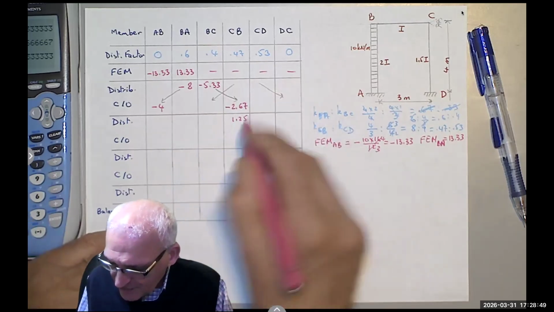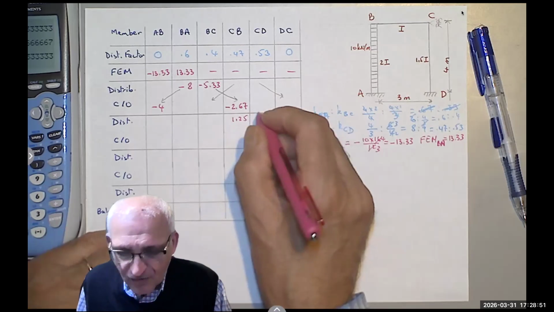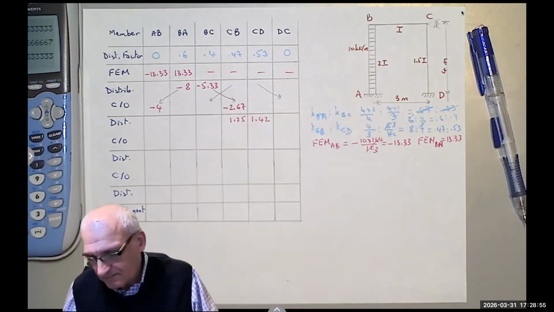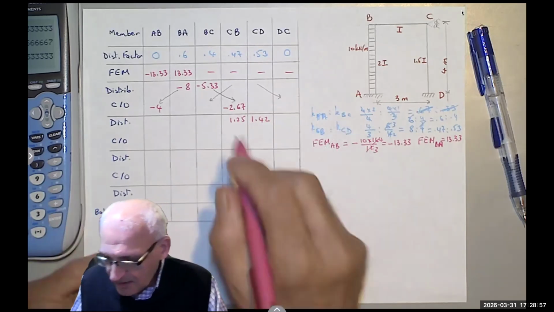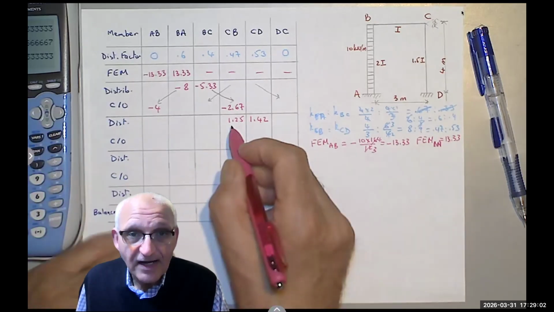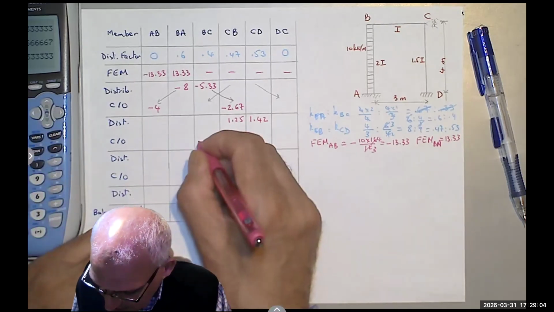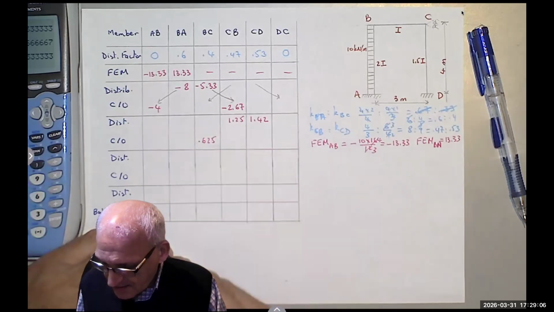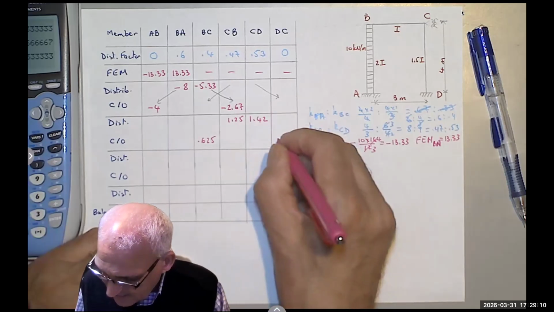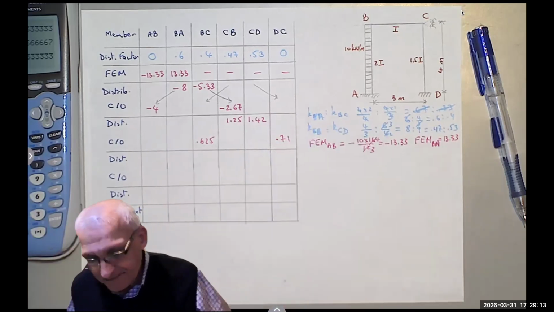And of course, the difference here would be 1.42, right? Now, the 1.25, half of it is 0.625 would come here, and 1.42, half of it would be 0.71 would go there.